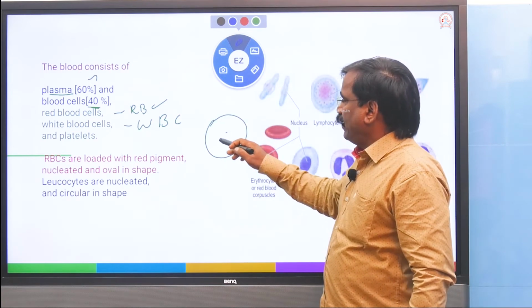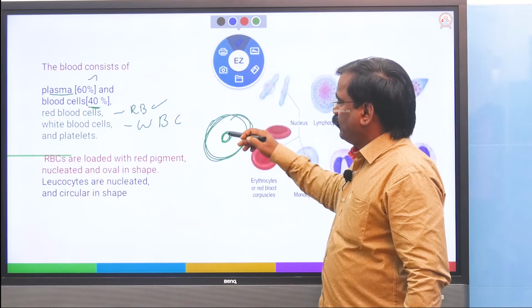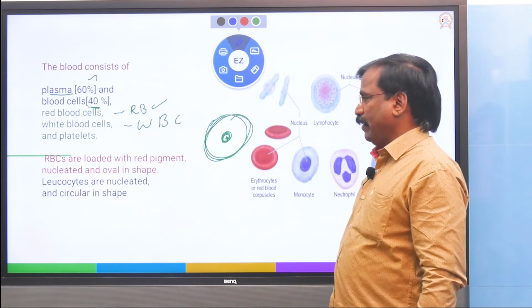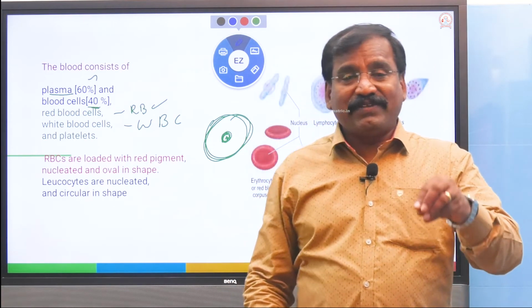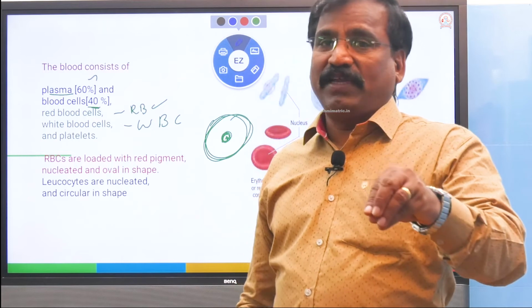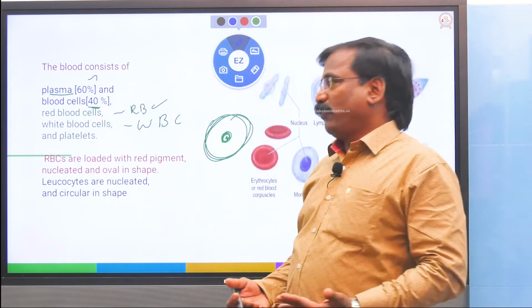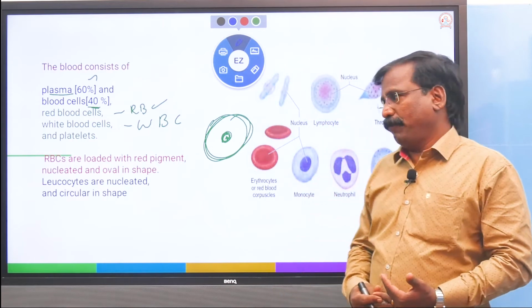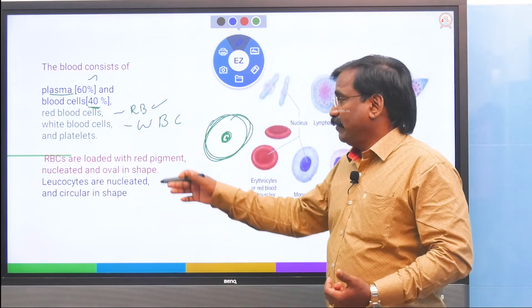It's oval, and there is a nucleus in the middle. Why is it mentioned as a nucleated cell? In human matured RBC there is no nucleus, it is non-nucleated. But here it is nucleated, that's why it is mentioned.